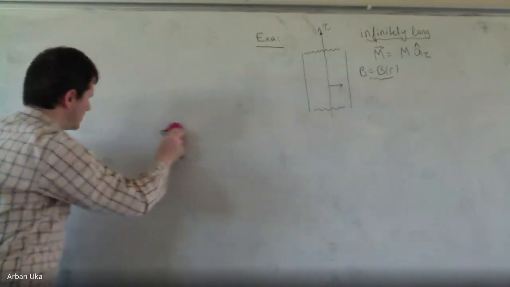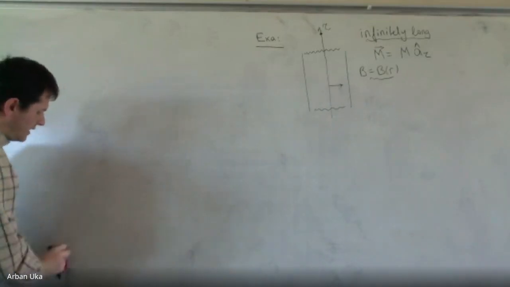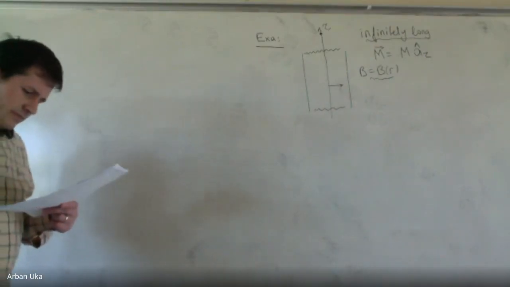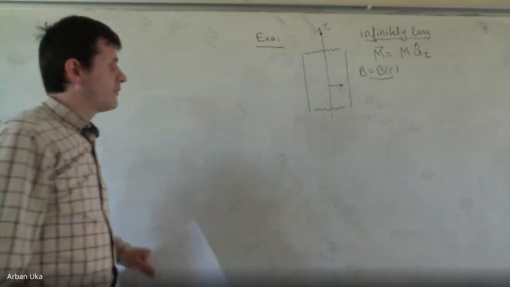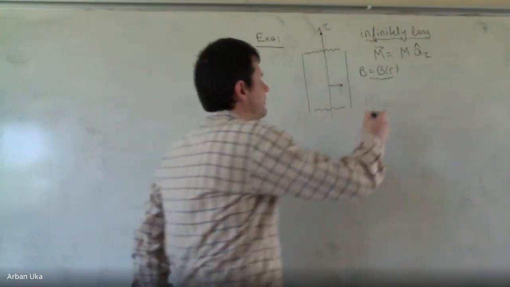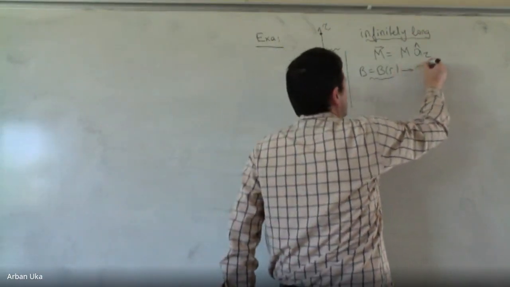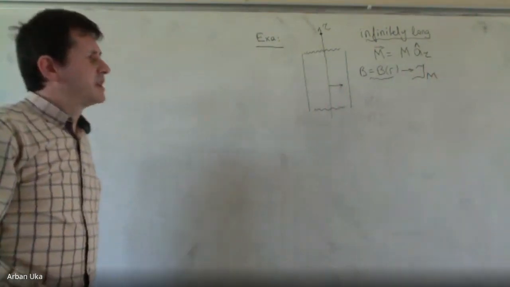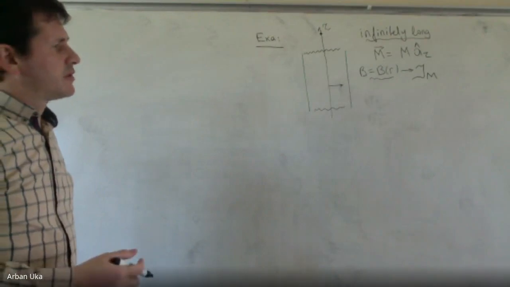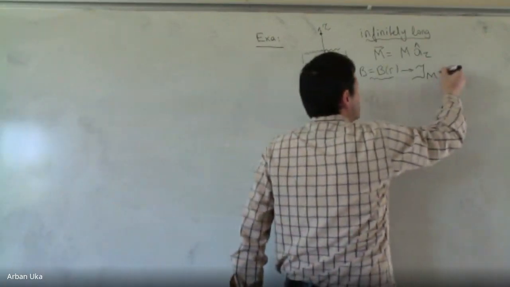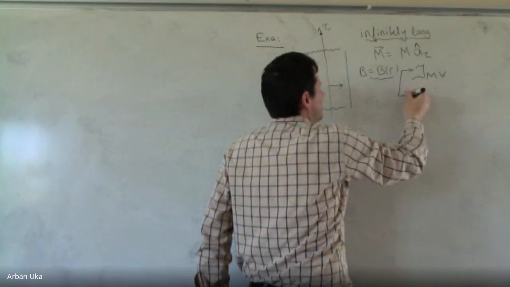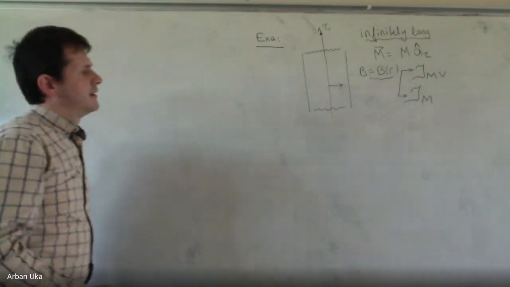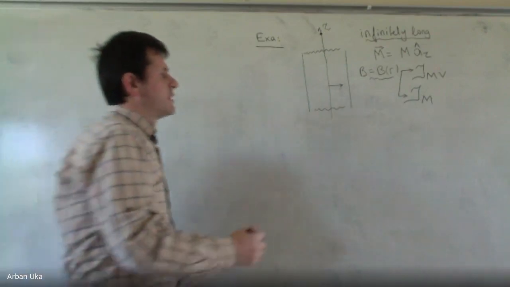We are given the magnetization, and we want to find the B. We need to find the current because of the magnetization over the volume, and then identify the current density because of the magnetization on the surface.